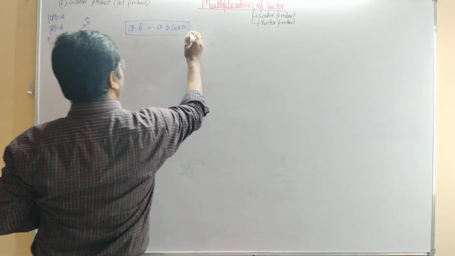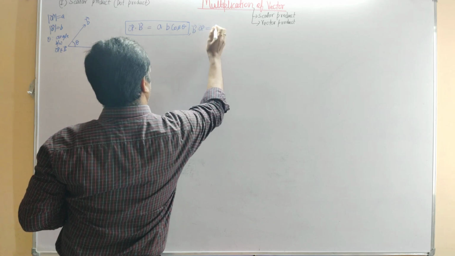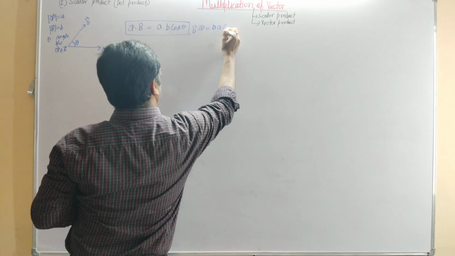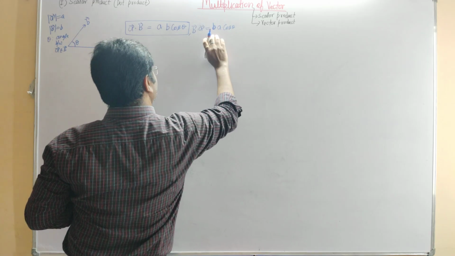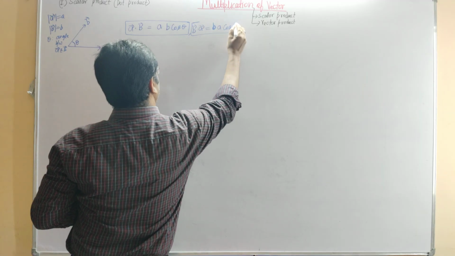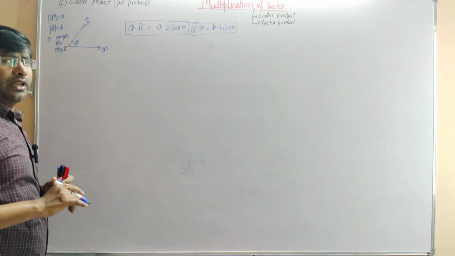This is also known as B dot A, meaning it will not be different. B dot A is also BA cos theta. So we get the same value, AB cos theta or BA cos theta. Nothing different, no changes in it.